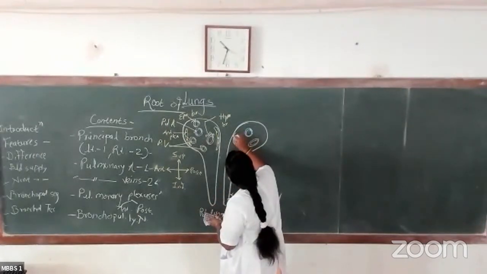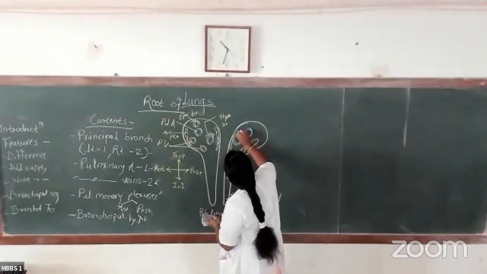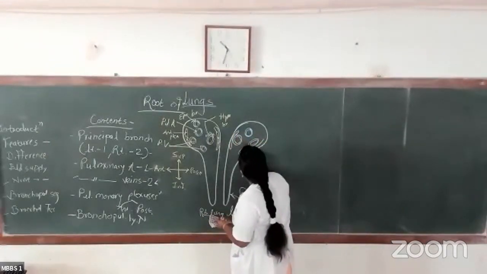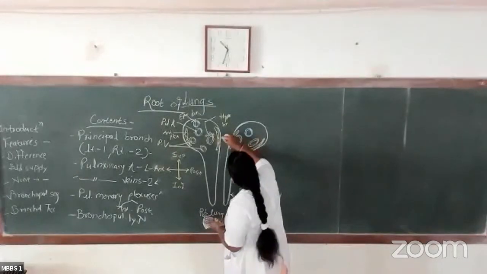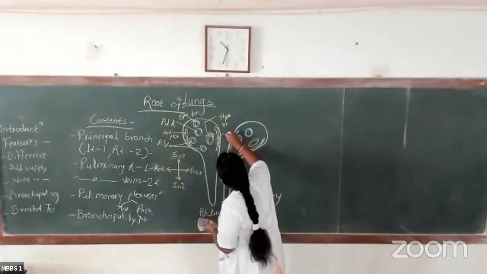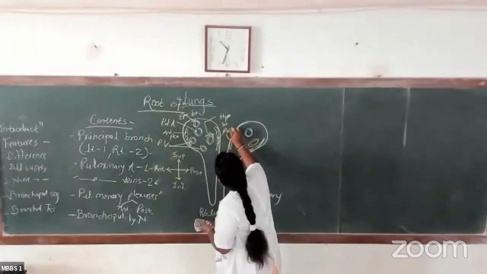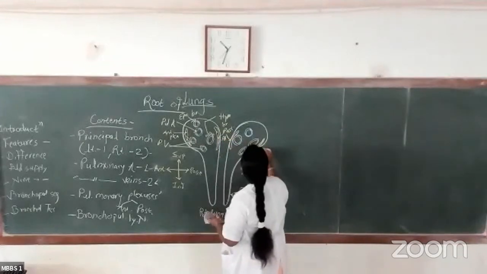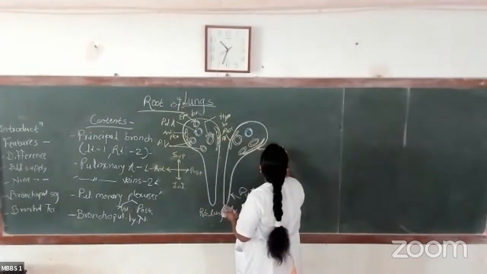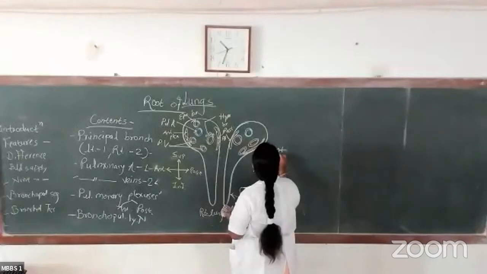Here again, here is the anterior pulmonary plexus of nerves. Here is the posterior pulmonary plexus. This is anterior pulmonary plexus.